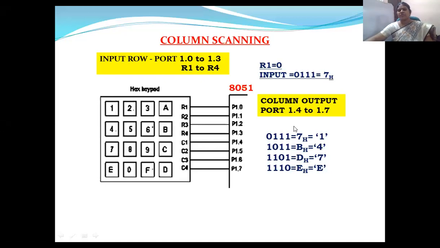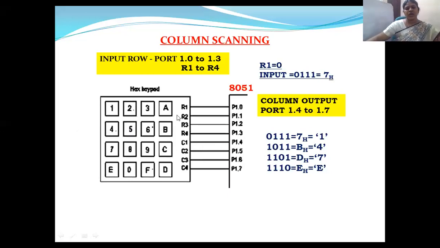So for the column, I'm keeping this column value 0. First 0 means 0, 1, 1, 1. 0, 1, 1 means it is 7, and 7 identifies it is 1. Next, I'm keeping this column as 1, 0, so it is the second column.